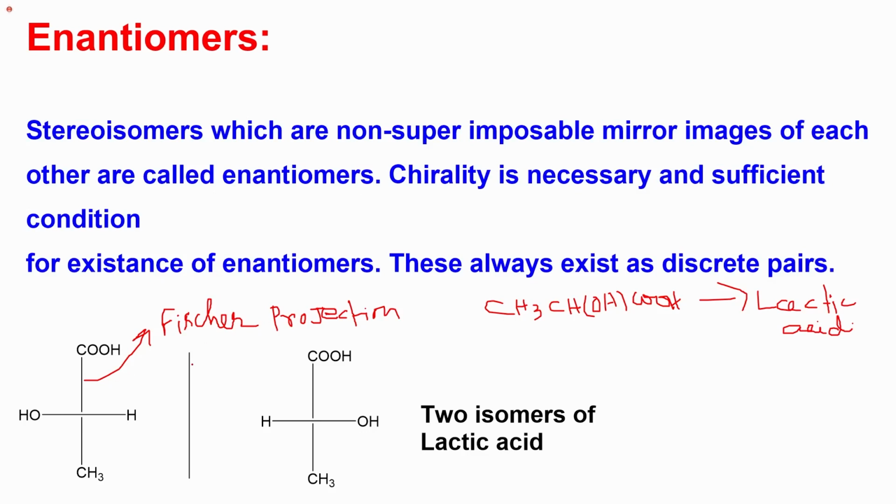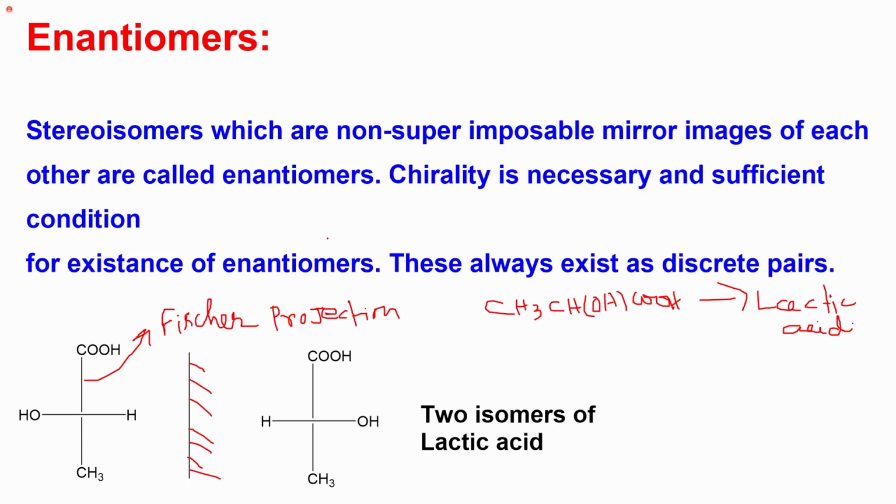Let's say this is the lactic acid formula, and this is lactic acid in the mirror image. Now if you put a mirror to this molecule, the hydrogen, which was initially on the right side, will be on the left side after putting the mirror. So these are non-superimposable mirror images of each other. Now you can also number the molecule and see whether you are getting exactly the enantiomer or not.